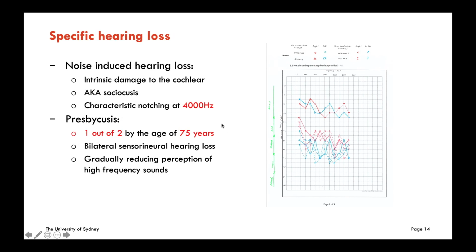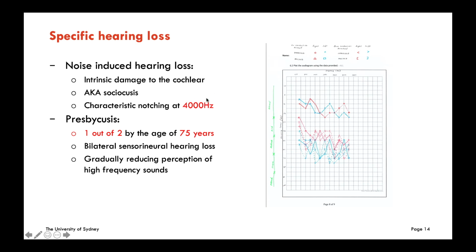We also have what is referred to as specific hearing loss, whereby in noise-induced hearing loss, you get notching at a frequency of 4,000 hertz. And when you see that, you can use this figure to infer that a person has noise-induced hearing loss.